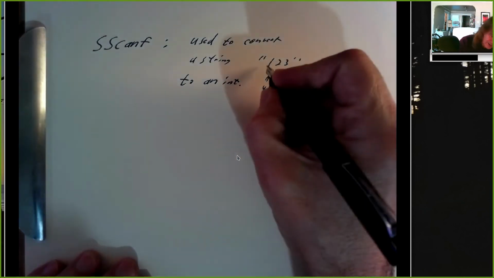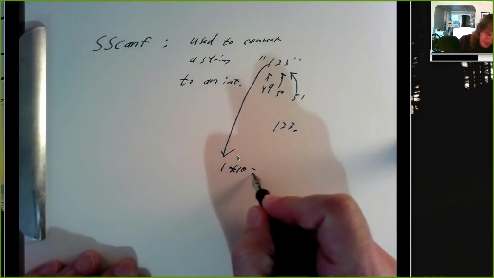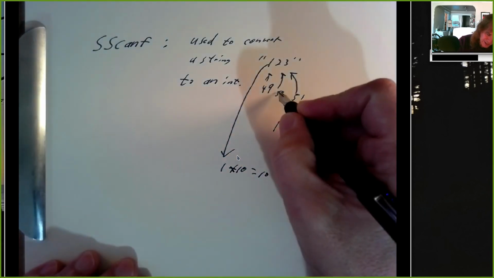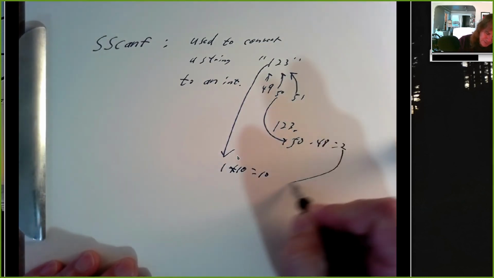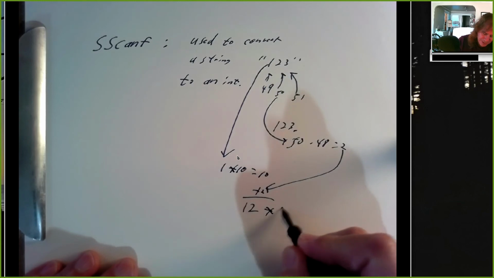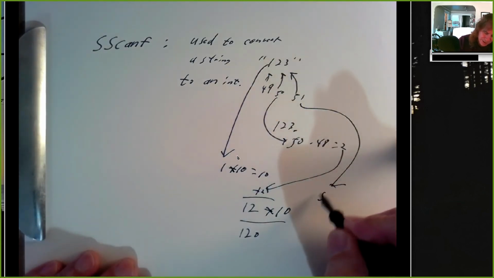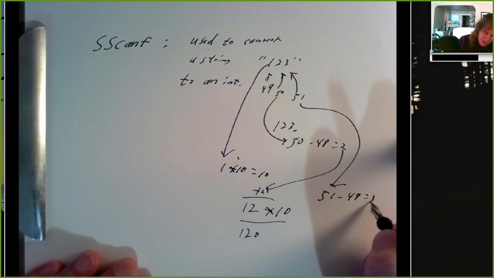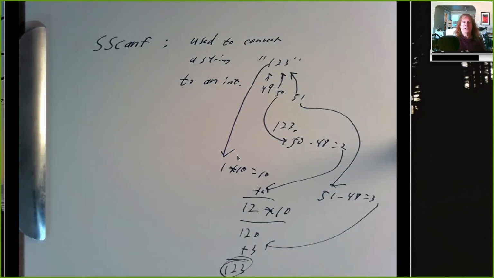It looks at this character and it subtracts 48 from it, and it says, oh, this is the digit 1, and then it multiplies by 10, and then it takes this character, which is 50, and it subtracts 48 and gets 2, so it adds that and it gets 12, and then it multiplies that by 10 to get 120, and it takes this character, which is 51, and it subtracts 48 to get 3, and it adds that, and it ends up with 123.